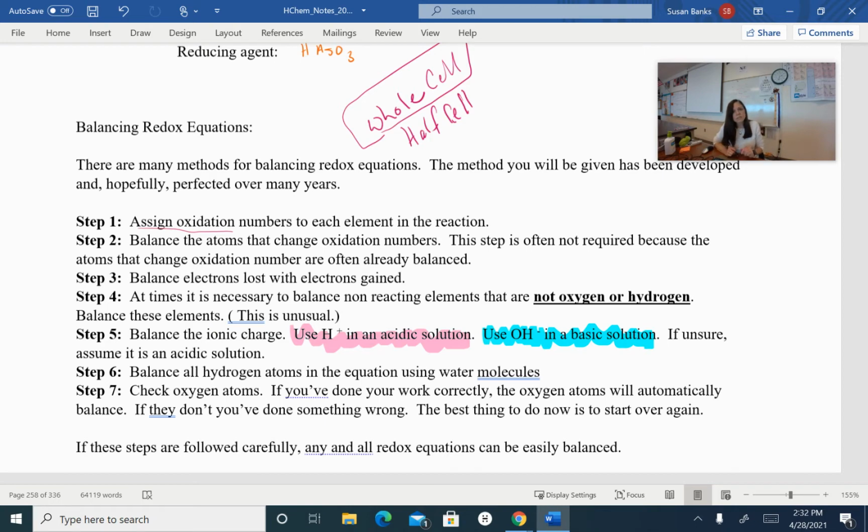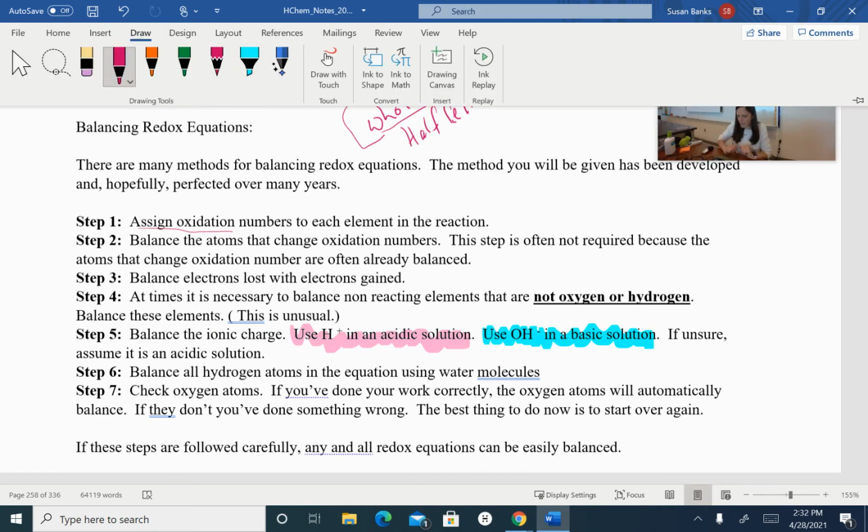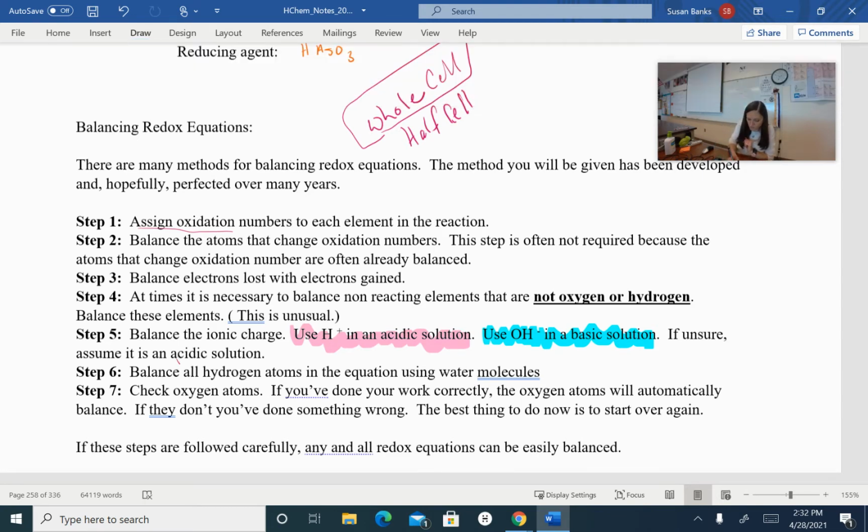So we are going to use positive hydrogen ions to balance if it's an acidic solution, or we are going to use negative hydroxide ions to balance if it's a basic solution, to get those charges to be equal. Okay? If unsure, if it's not known, we always assume acidic solution. So if it's not stated, or if you're unsure, just use acid.